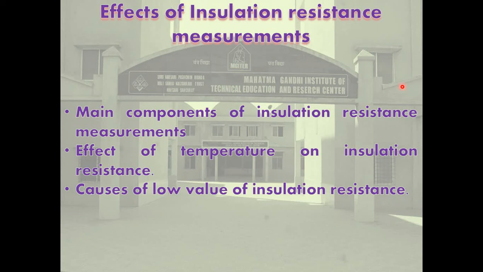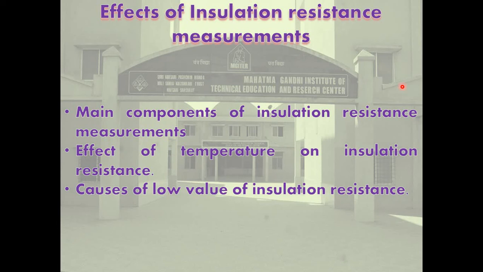The magnitude of the insulation resistance does not always indicate the degree of dryness of the transformer. Therefore, use is made of an additional characteristic known as Polarization Index, which is the ratio of the 60-second insulation resistance to the 15-second insulation resistance.